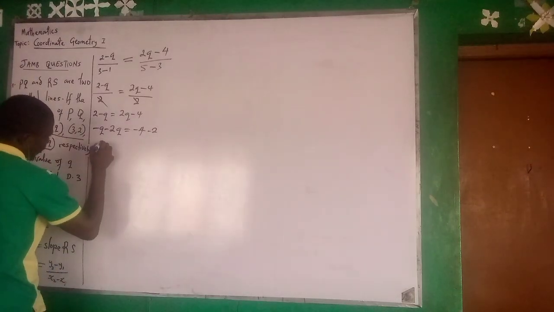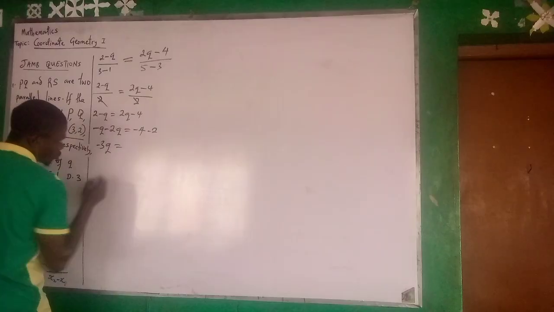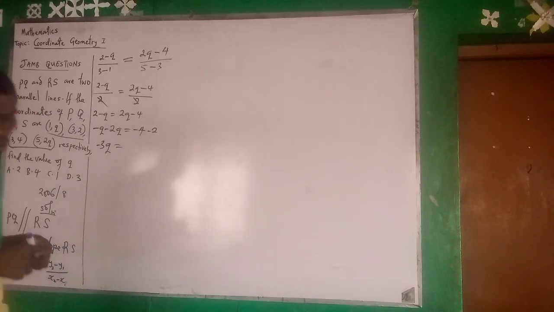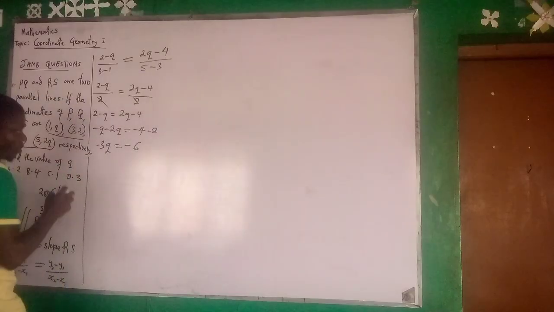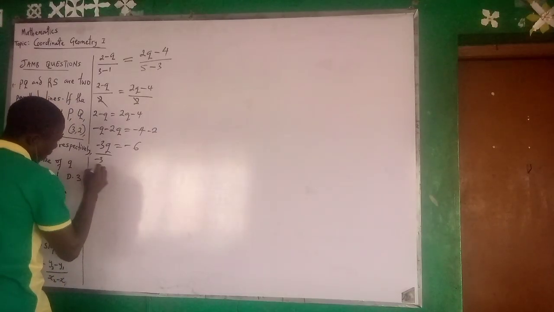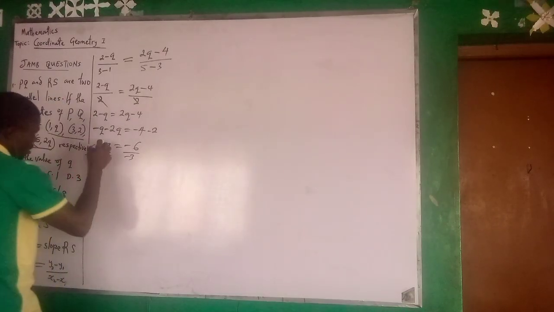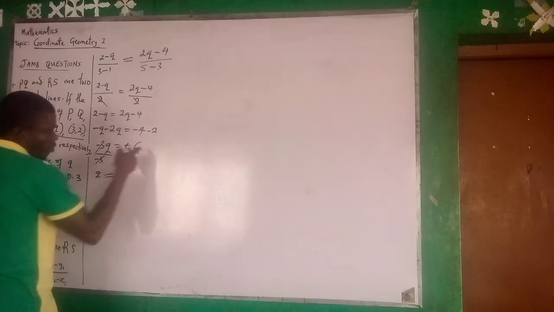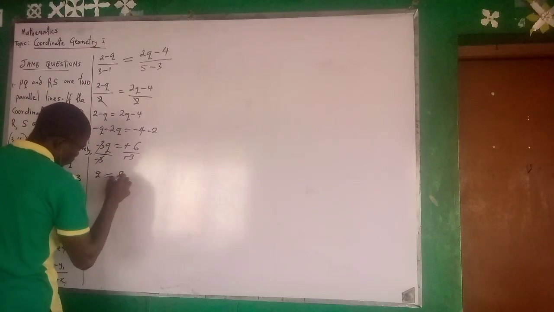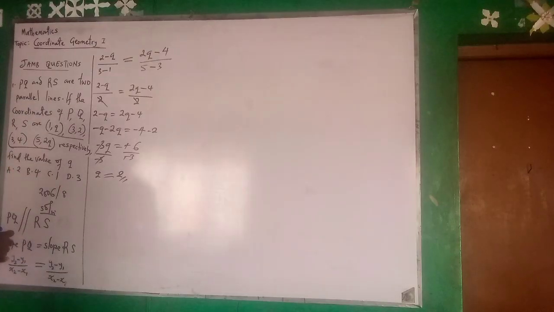That means minus 3q equals minus 4 minus 2, which is minus 6. Now let me divide by minus 3. This cancels out. My q becomes 6 divided by 3, which is 2. So q is 2. Which option? Option A. Next question.